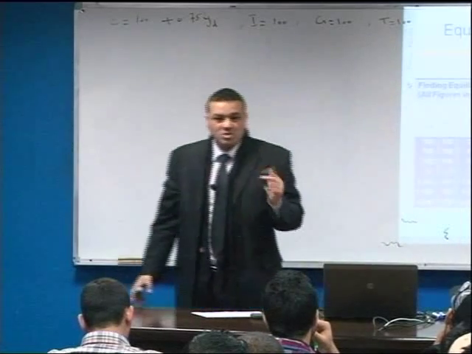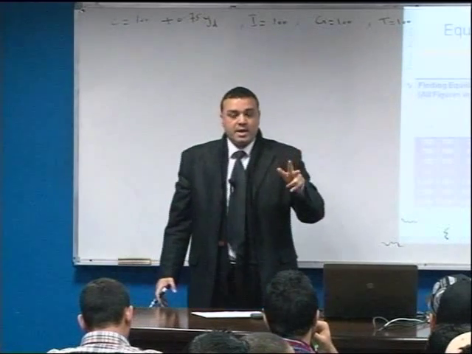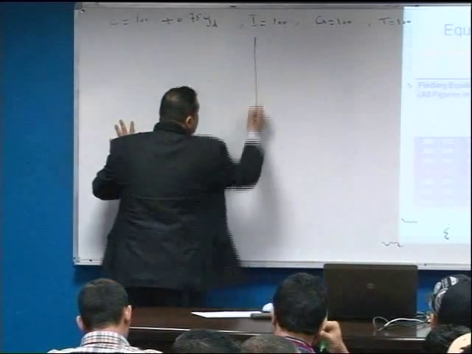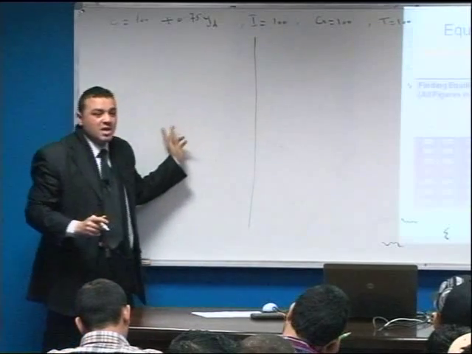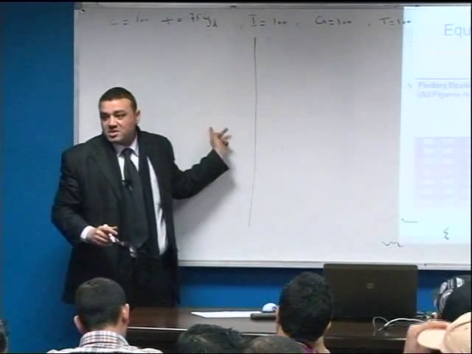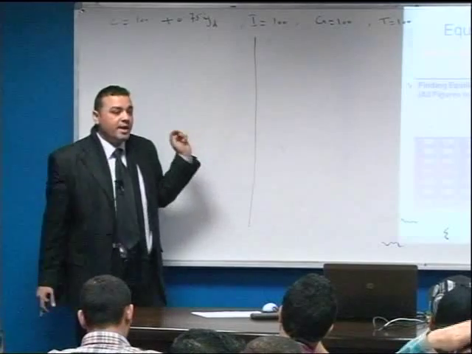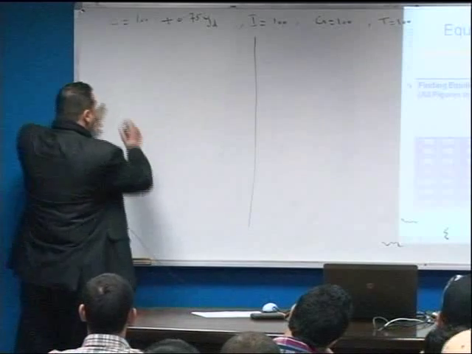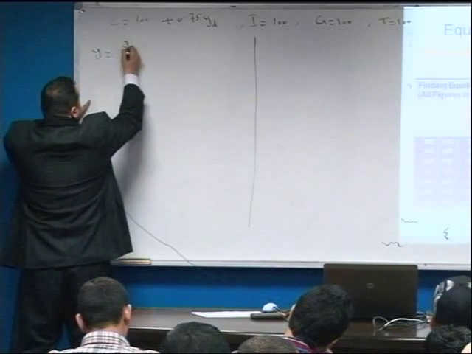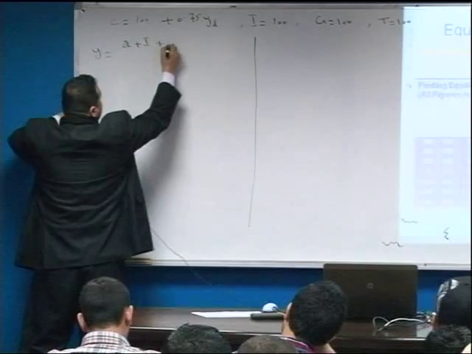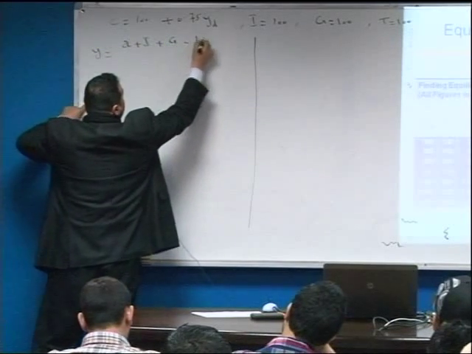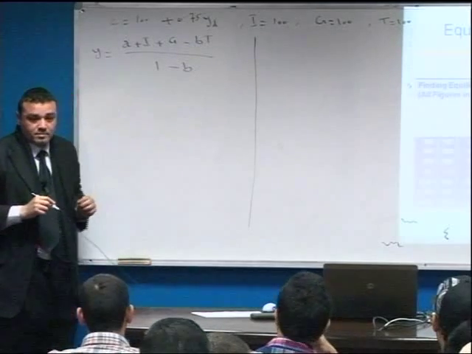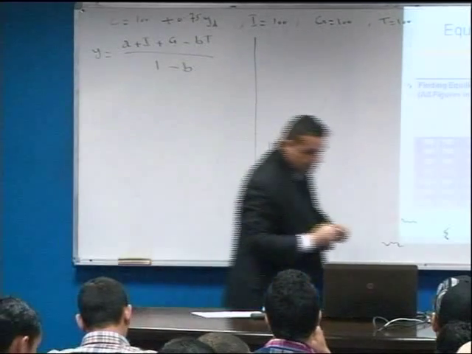We have two ways to calculate the aggregate income or the equilibrium level of income. We are going to use these two methods or formulas. The first one is Y equals A plus I plus G minus beta T over 1 minus B. This is what we derived. So let's use it.